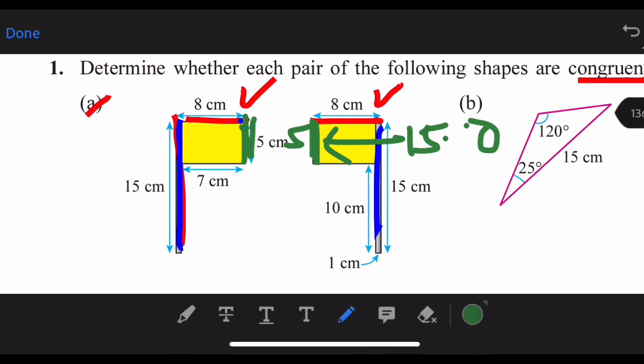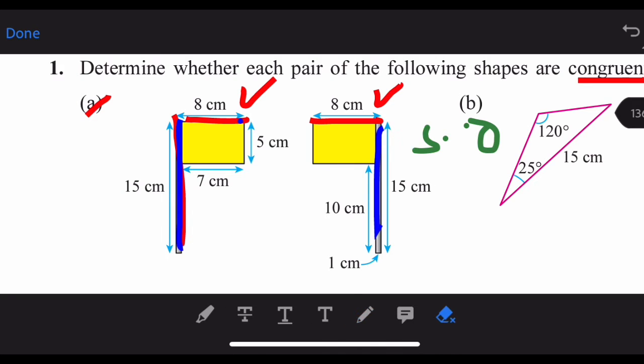We have one more side. You can see that the upside down position is okay, but we have to confirm again. This is 8. Let me double check again.